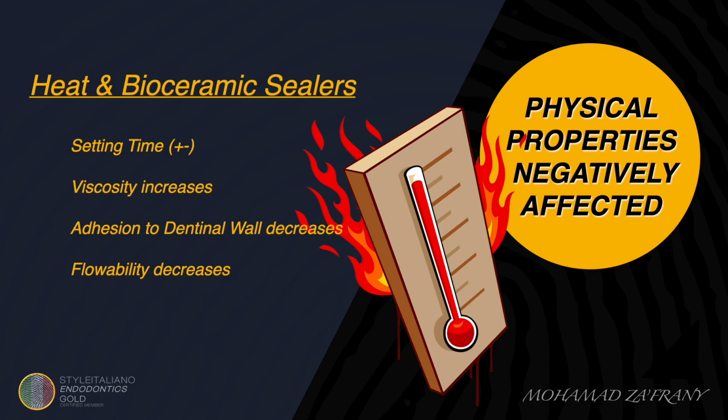And this is the most important one. So, decreasing the temperature of the heat carrier looks mandatory if we are going to use the material in the continuous wave compaction technique. We call it a modified heat technique, as described by Alfredo Londolo. In the market now we already have a heat-friendly bioceramic sealer that can withstand high temperature.